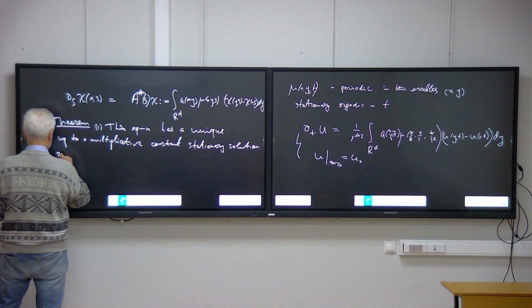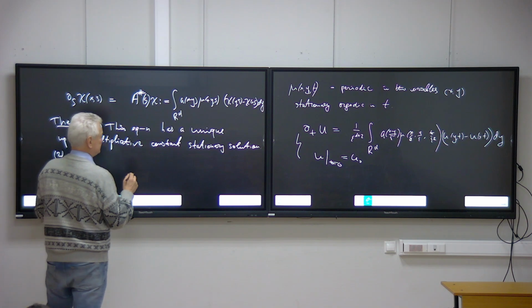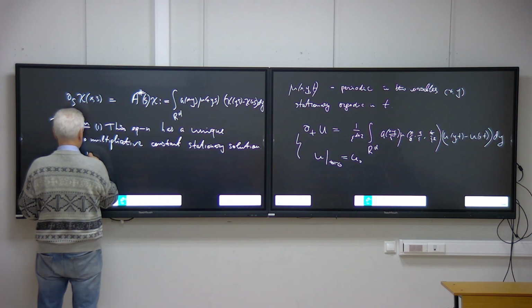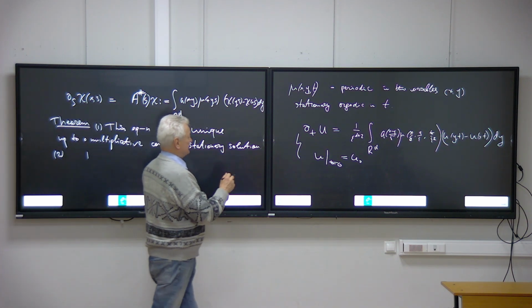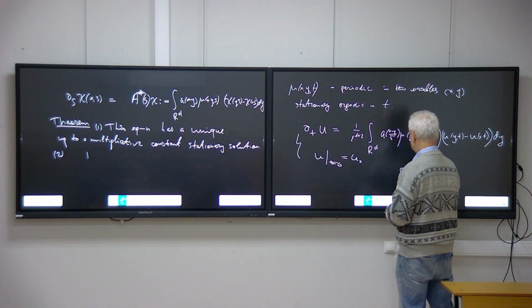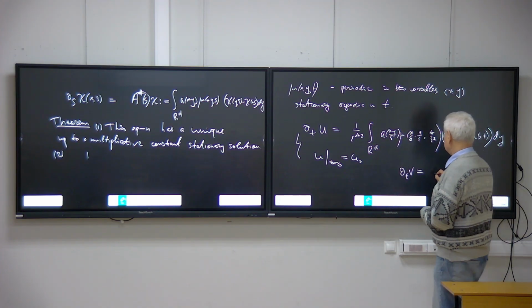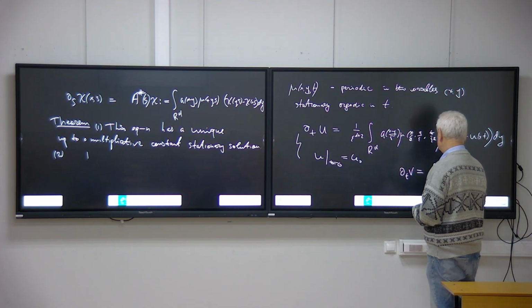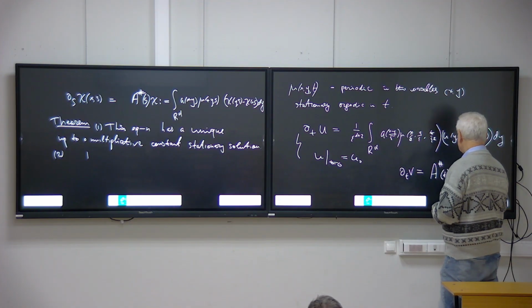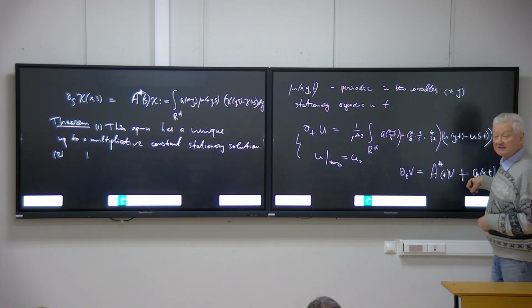The second part, the equation: let's consider here, let me write down the equation, dt V, where V is a periodic function on the torus, is equal to A hash of t V plus some function g of x, t, which is stationary.